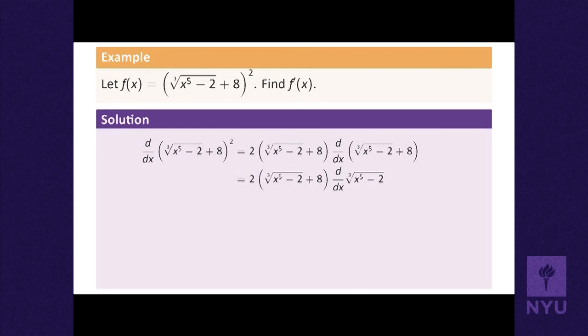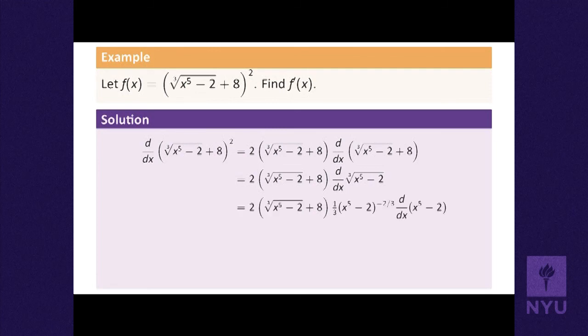Now, am I done? No, because this is still a function, and I still have to take its derivative. And as I look at that function, I see, well, it's got the plus 8. The derivative of plus 8 is nothing. Adding a constant doesn't change the derivative, but I do have to take the derivative of this cube root business. But that's just another power function.